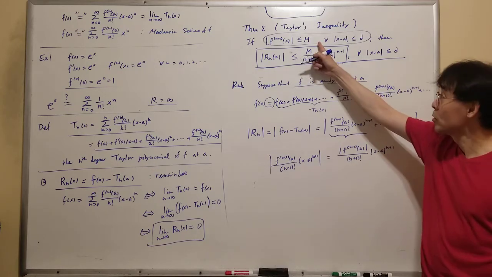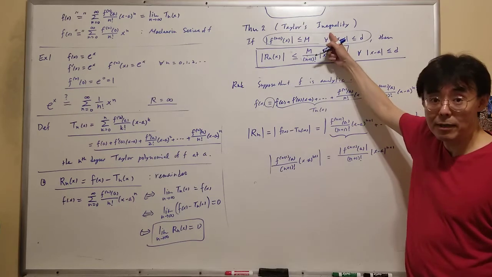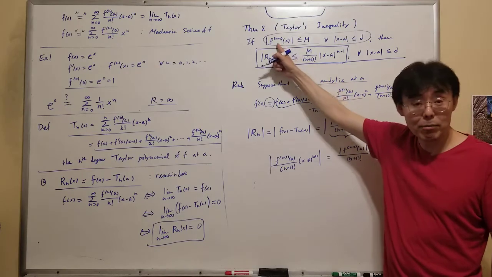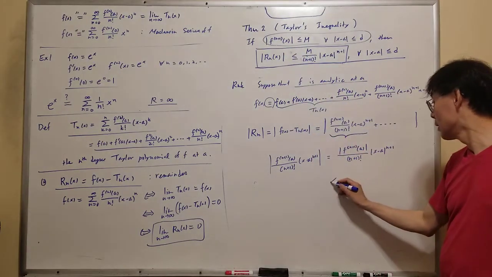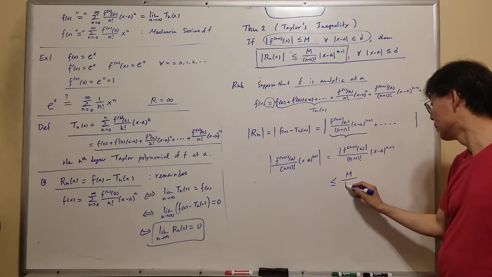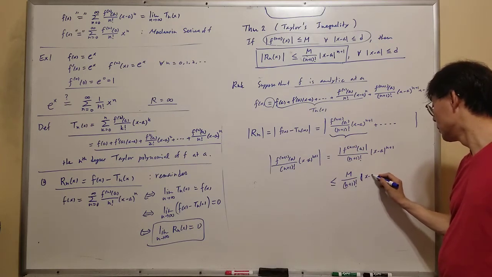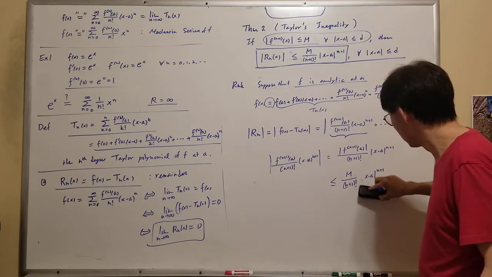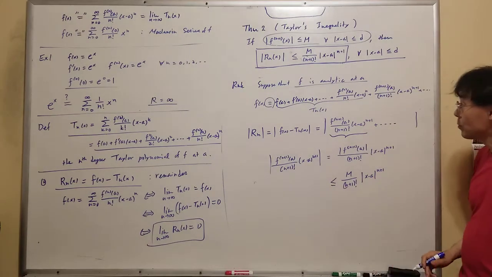Now, according to this, not just at a, but from a minus d to a plus d for all such x, the n plus first order derivative is less than or equal to M. This is less than or equal to M. Right? So what?